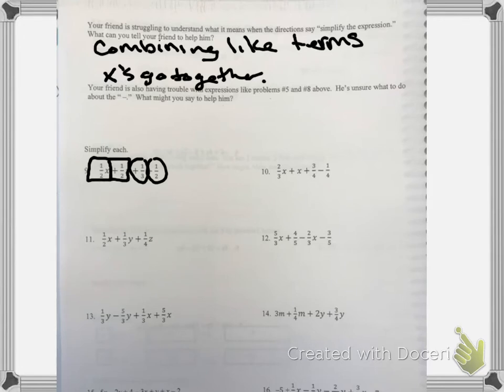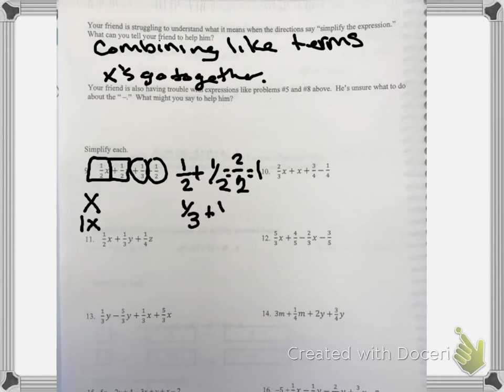You take the number in front of the x. 1/2 plus 1/2. Those are the numbers in front of the x. 1/2 plus 1/2 is 2/2 or 1. So for the x, I can either put x or 1x. They're the same thing. For the numbers, I have 1/3 plus 1/2.